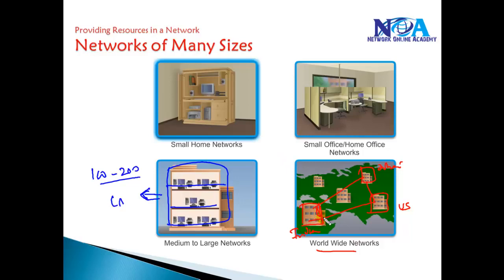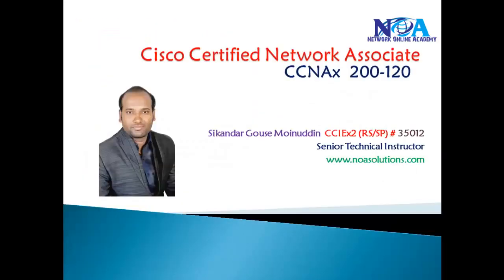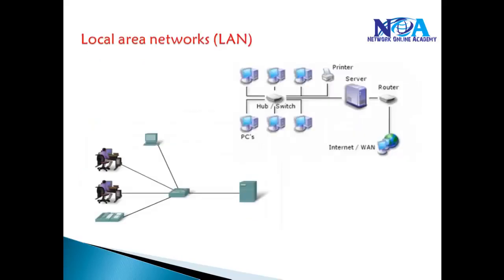These are all the different network sizes, and to build these networks we need some devices. Majorly we have three types of networks. Let me quickly summarize. A network is an interconnection of your devices, and the main reason to do that is to share information and resources. We have different types of networks, like LAN, local area network, connecting the computers within the same geographical location, same building.